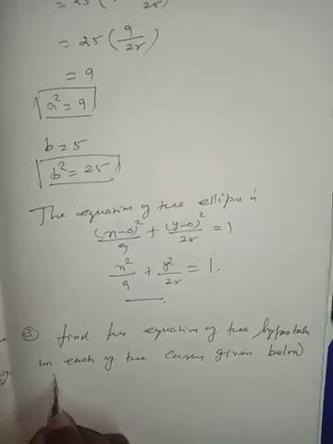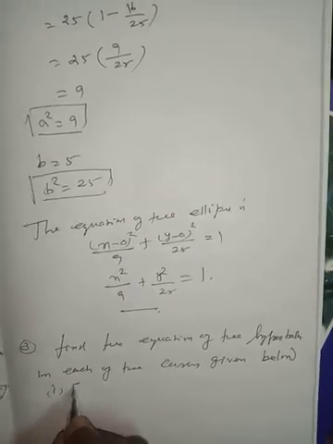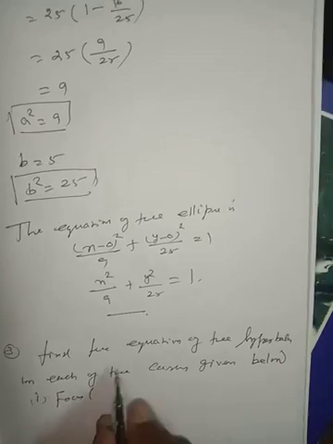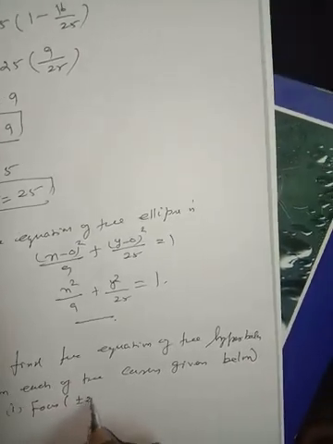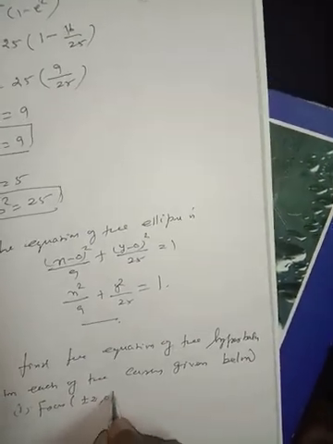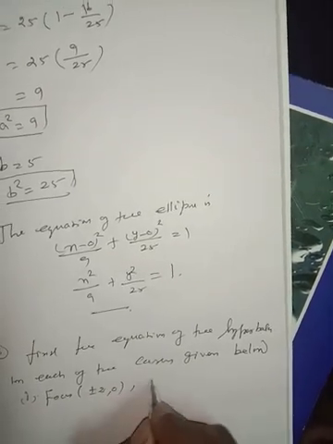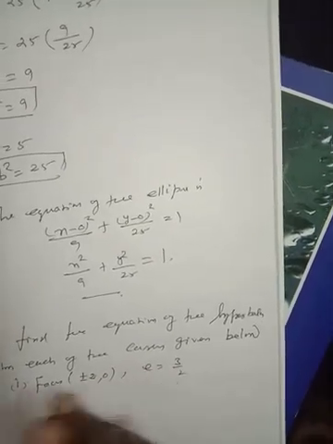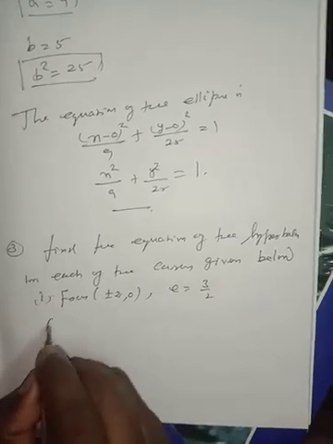Number 1, focus plus or minus 2, 0. Eccentricity is given by e is equal to 3 divided by 2.